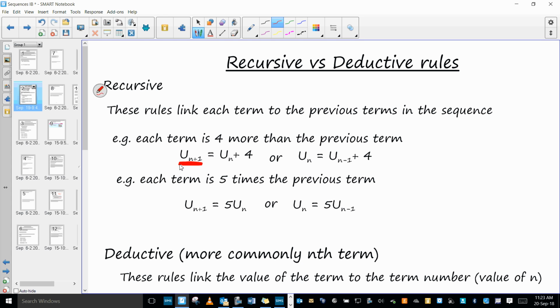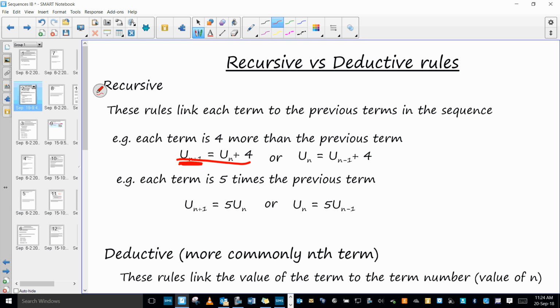The first term we would have to be told, but then the second term would be u_(n+1), which would be the first term plus 4. Does that make sense? If we wanted the third term, we would need to know the second term plus 4. If we wanted the 15th term, we would need to know the 14th term plus 4.